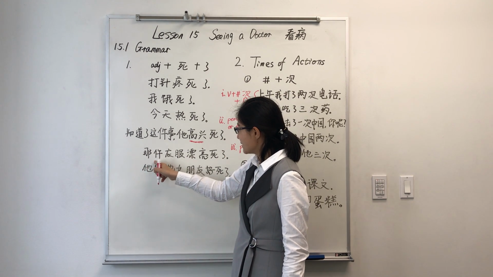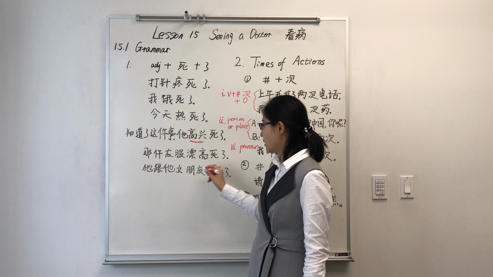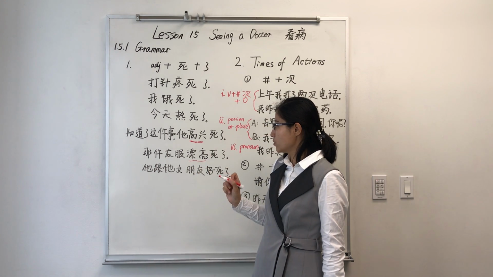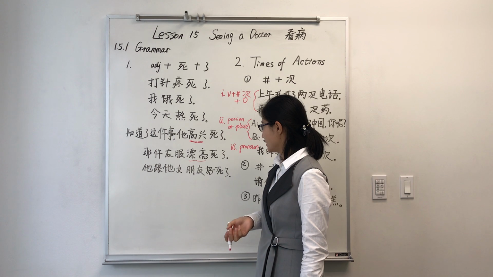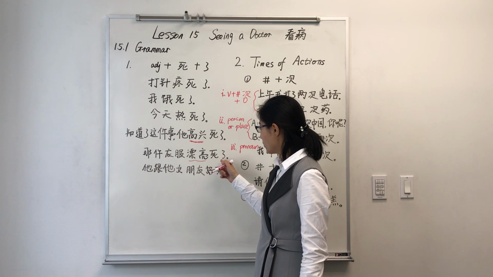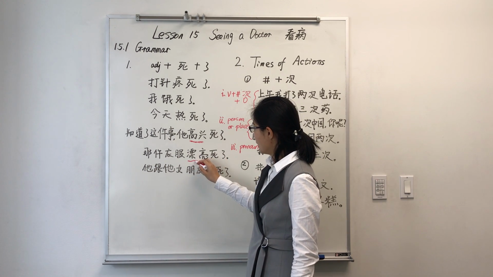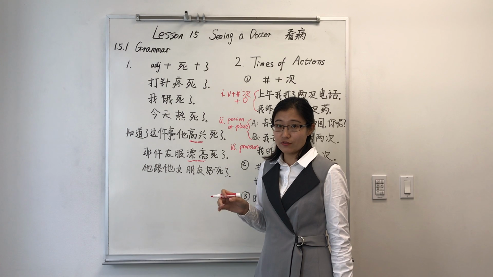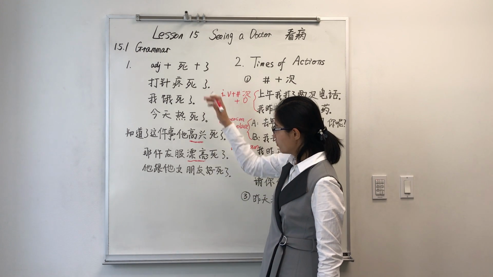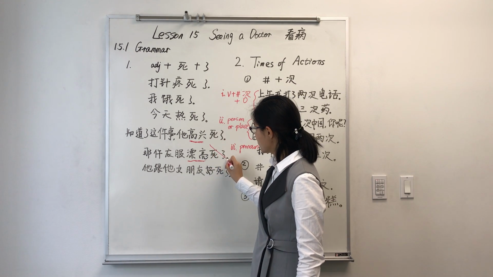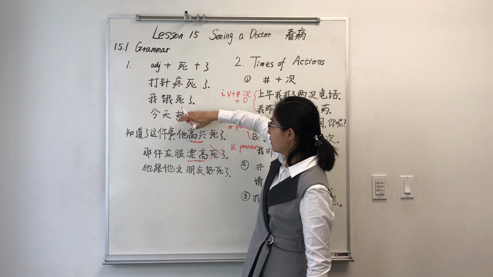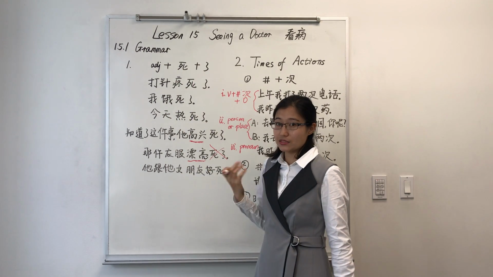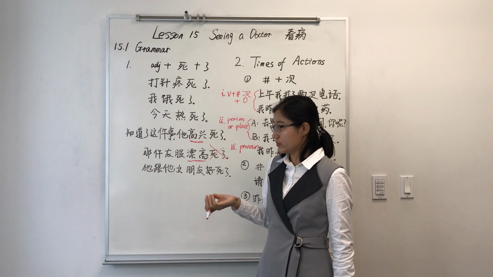Next one, 那件衣服漂亮死了. 漂亮 means beautiful, good looking. That shirt is so beautiful. So 漂亮 is a positive adjective, so following the rule, we cannot use 死了 here, because with 死了 most of the time we are talking about the bad, negative part.